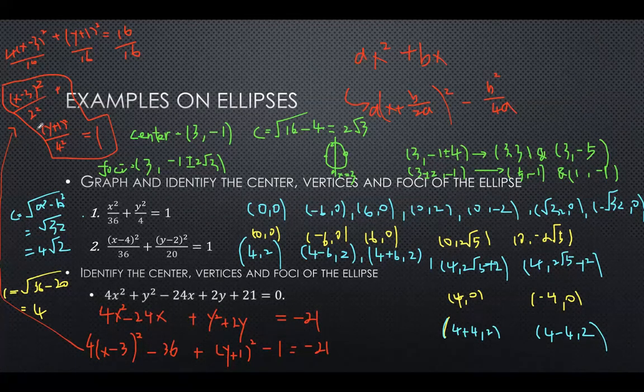And you have the lengths of the major axis and the minor axis, the a and b here. And from there, you can get the foci, which is finding out the c. c is the square root of a squared minus b squared. Then everything just follows. Okay, so far, so good.